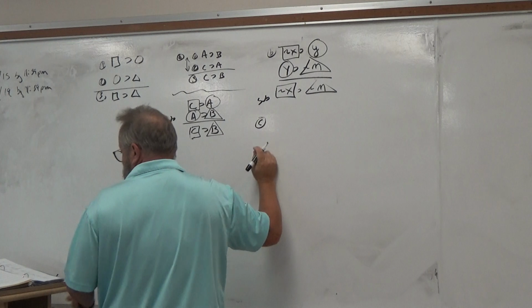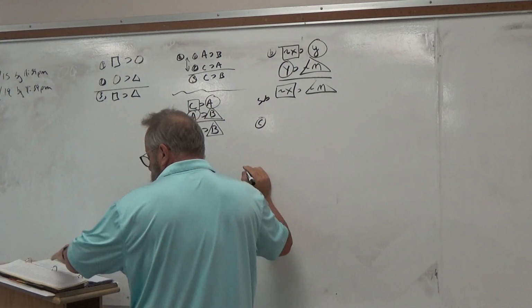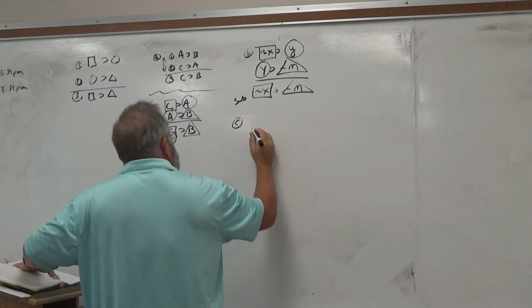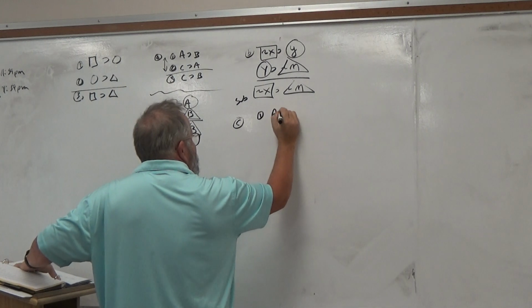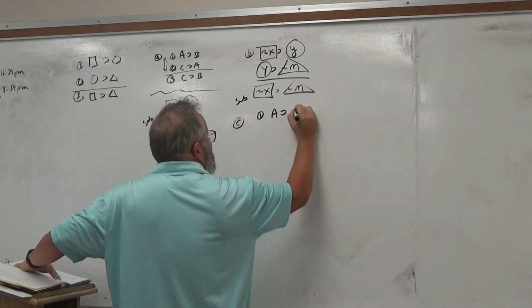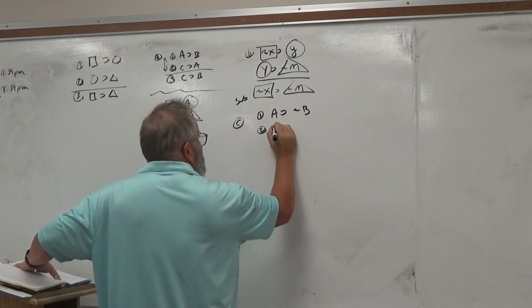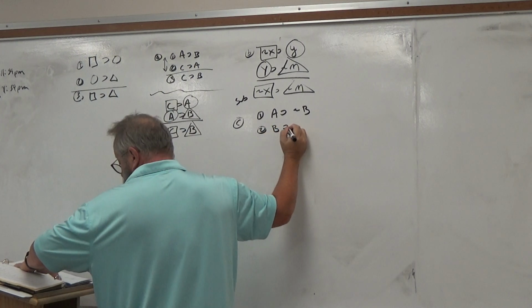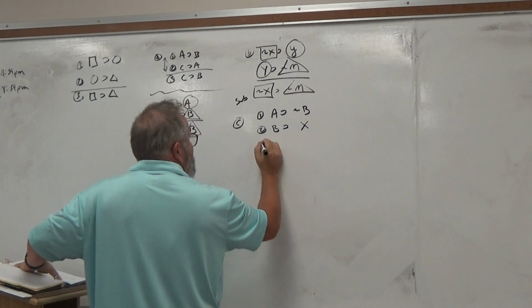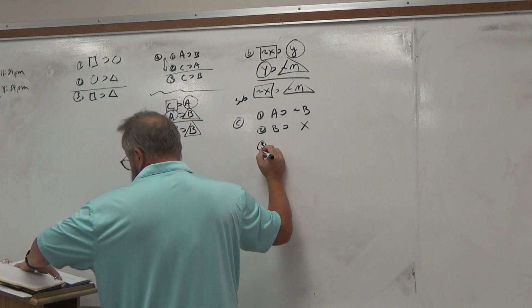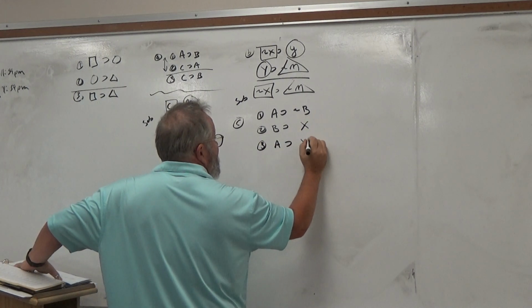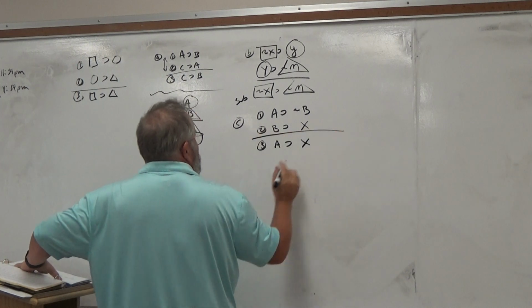So let's look at C. So this is 2C. One is A, then not B. 2 is B, then X. And 3 is A, then X. Okay.